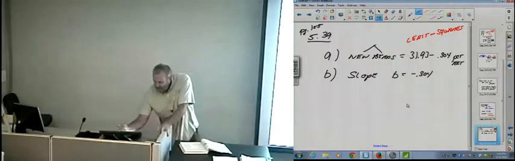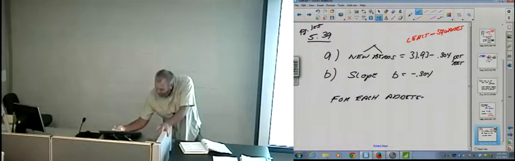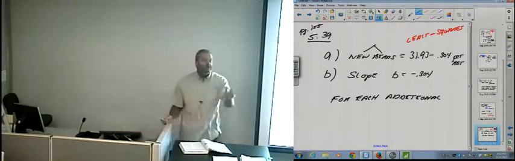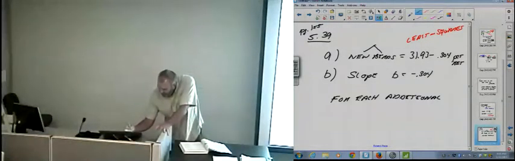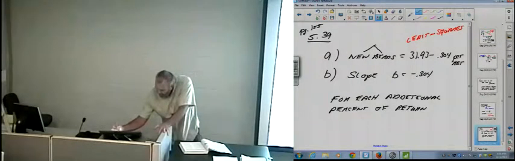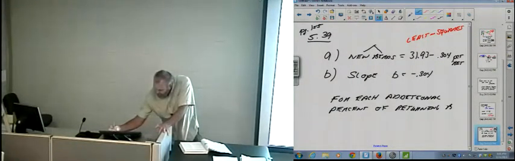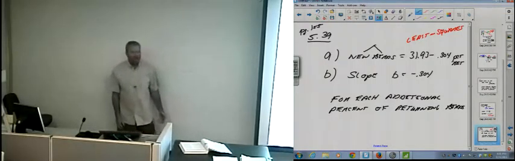So, for each additional... now, what's your explanatory variable? It's the percent return, right? So for each additional percent of returning birds. Now, obviously, I've got to write it out in words.